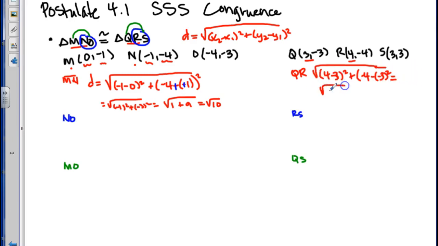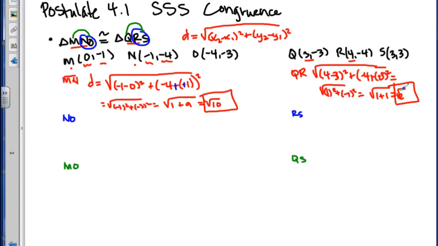So that is the square root of 1 squared. I already see a problem. Do you see it? Plus -1 squared, which is the square root of 1 plus 1, which is the square root of 2. All right, so MN is the square root of 10. QR is the square root of 2. I can stop right there.